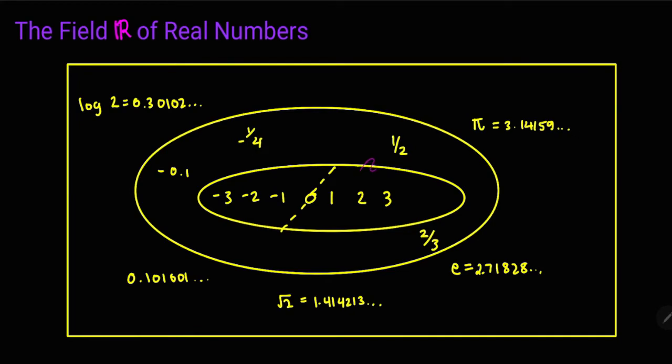So this set is denoted by the blackboard letter N. Now, together with the negatives of these natural numbers, negative 1, negative 2, negative 3, and so on, and the number 0, we form the set of integers. The set of integers is denoted by blackboard letter Z.